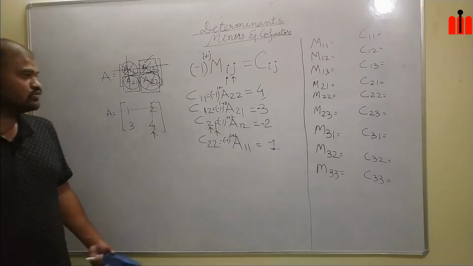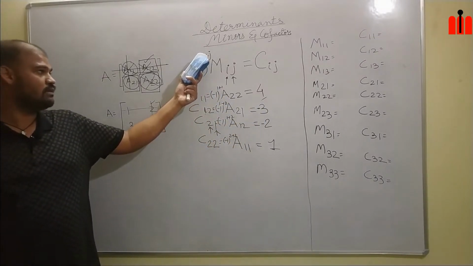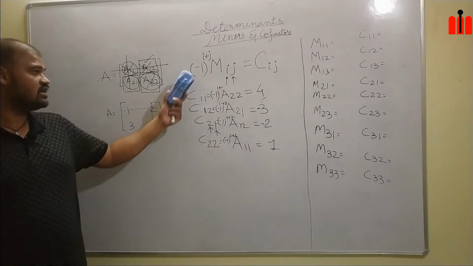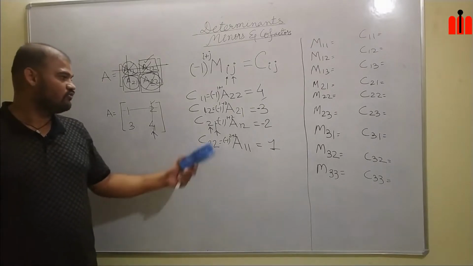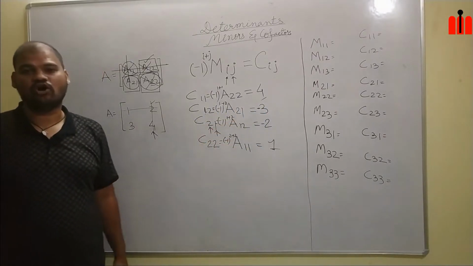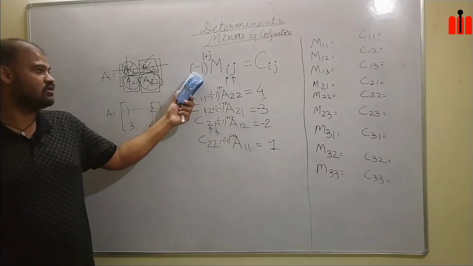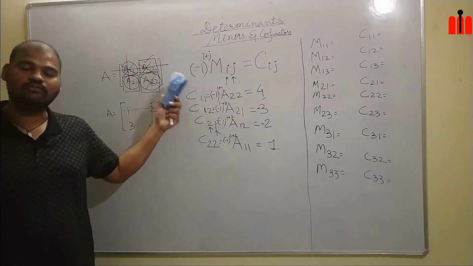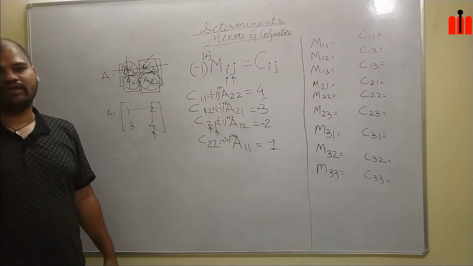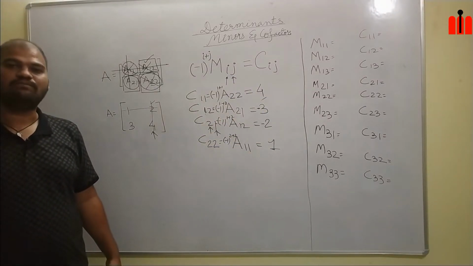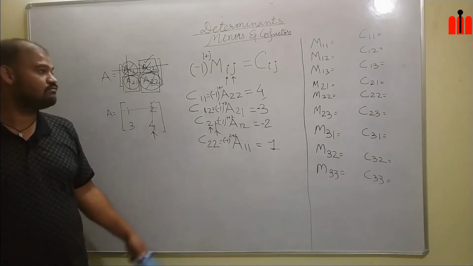Okay. So wherever there is an odd power for -1, there we are getting a negation of the minor, because -1 to the power of odd will be negative. Negative into the minor will be the cofactor in that case in which i plus j is odd.